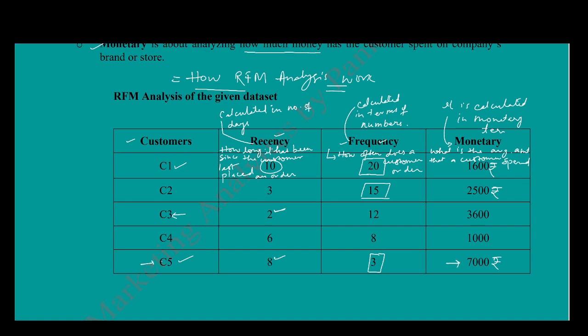So C5, based on monetary value, will be holding rank number 1 and maximum score 5. And then followed by the next largest spender, who is customer C3, 3600 rupees he spent, followed by C2, 2500, and then C1 and finally C4. So I write all these values here.